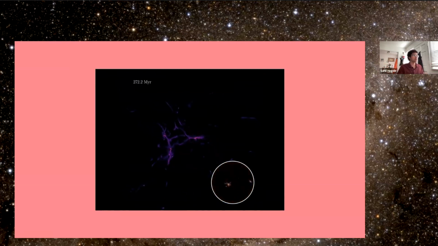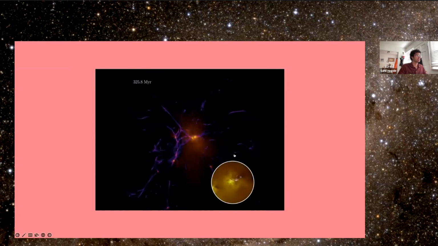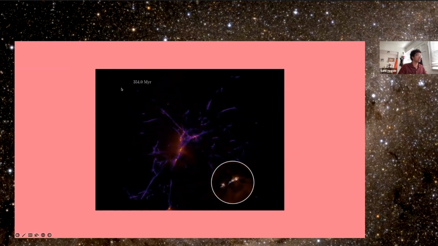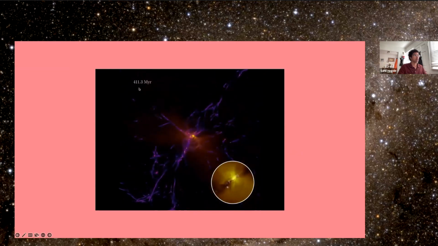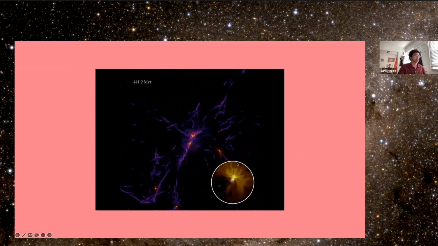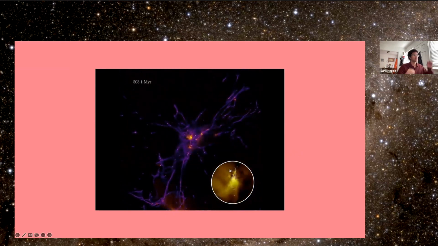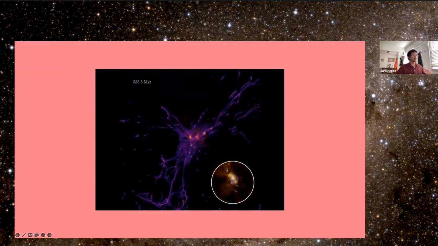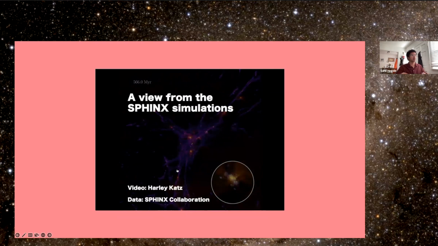And so you see, once these stars start to appear, this is a simulation of star formation, and you can see it's a couple hundred million years after the Big Bang. As these stars start to appear, there's a zoom in here on something that's going to become a galaxy eventually. There are little pinpoints of light that are forming all along these stretches of gas and dark matter in the universe.